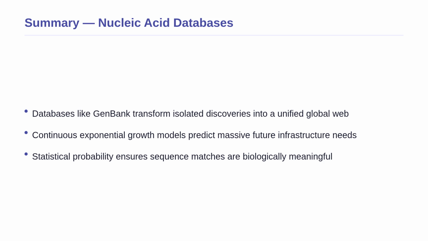Finally, we saw how statistical probability helps us distinguish between random statistical coincidences and truly meaningful evolutionary relationships. By understanding both the biological data and the mathematical principles governing it, you are now equipped to appreciate how these massive systems drive modern scientific discovery.